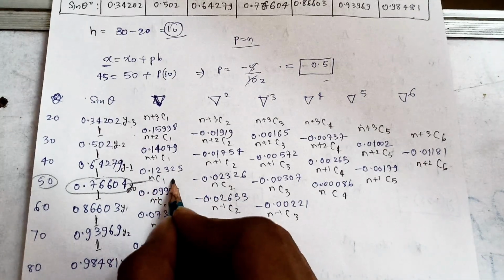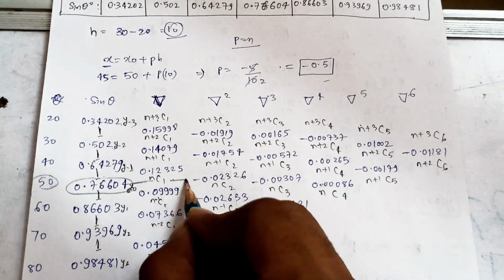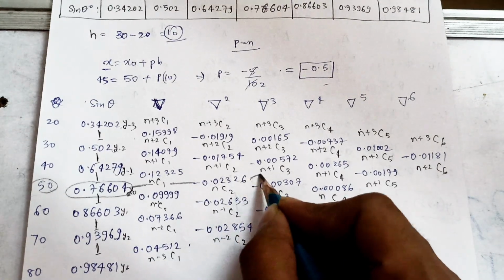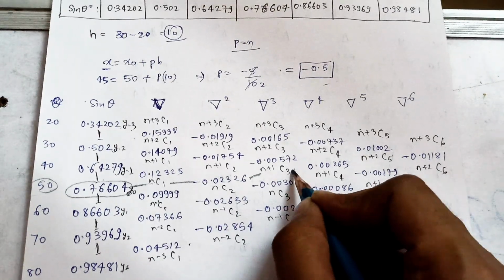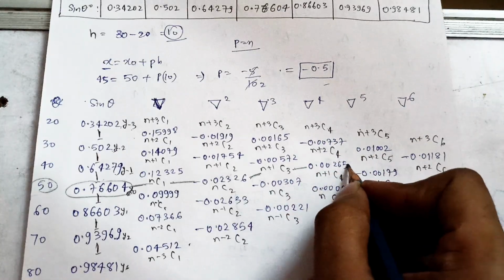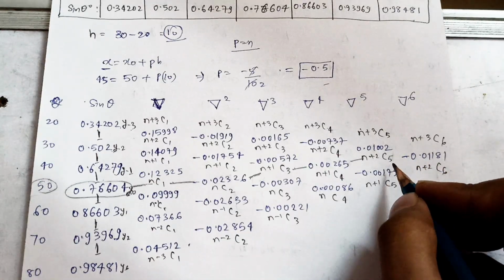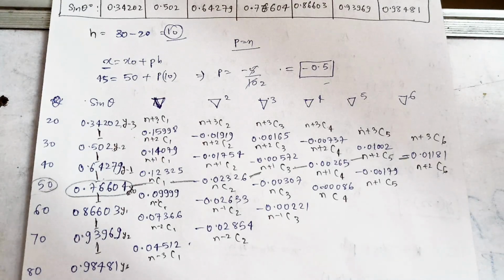So first the straight line will be n c1, then the next one will be this one, del square y minus 1, and then the next one will be n plus 1 c3, this one, and the next one will be this one, that is del 4 y minus 2, and then the next one will be n plus 2 c5, and our next will be this one, that is del 6 of y, that is y minus 2 almost.